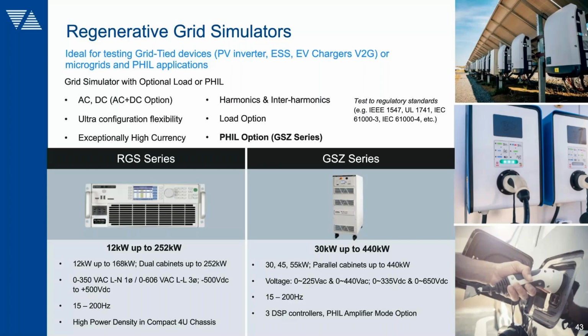And on the right, you have the GSZ series, which is the same format as the ELZ electronic load we just saw, 55 kilowatt per chassis, per cabinet, if you will, and the same voltage ranges, 225 and 440, as the electronic load. Also, both have DC capability as well. So these are the two different products that are available, and many of the features that you've seen are available on both product lines.